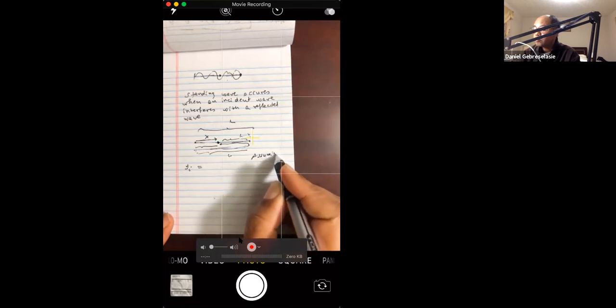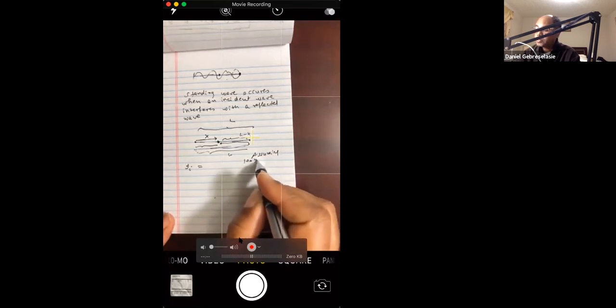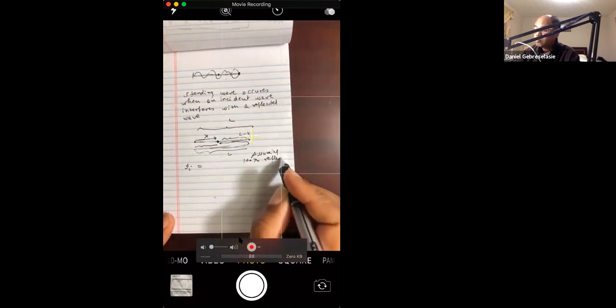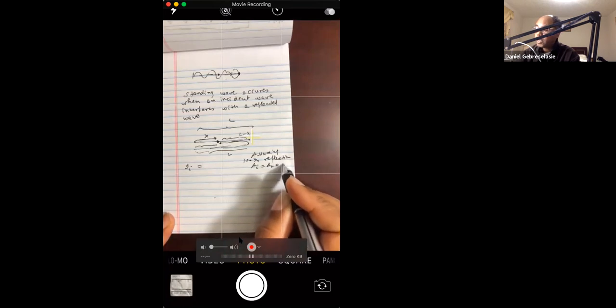Let me say, assuming 100% reflection, we're going to put the 2 amplitudes equal, AR equals A. So the incident wave would be A cosine of omega t minus K X, where X is the distance traveled by the incident wave.